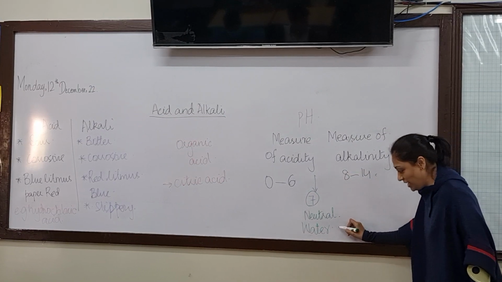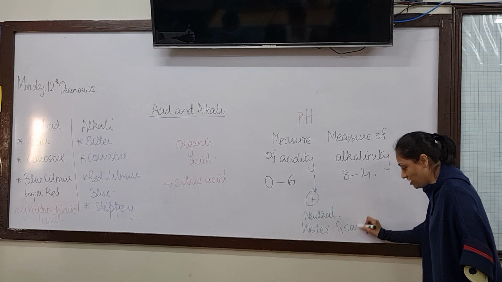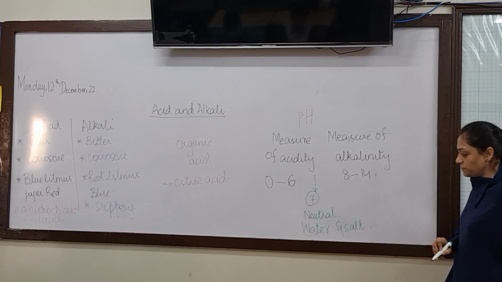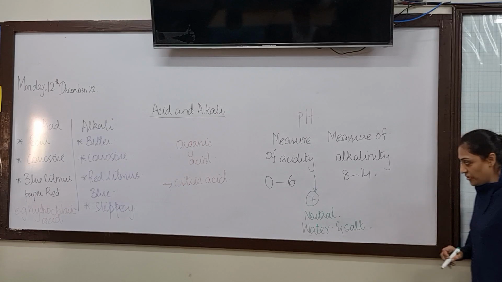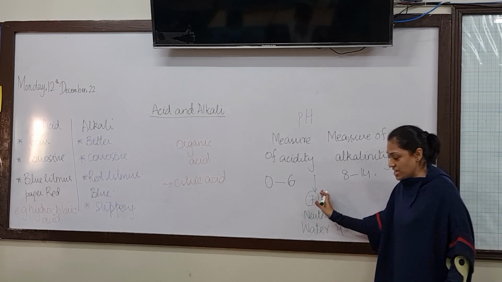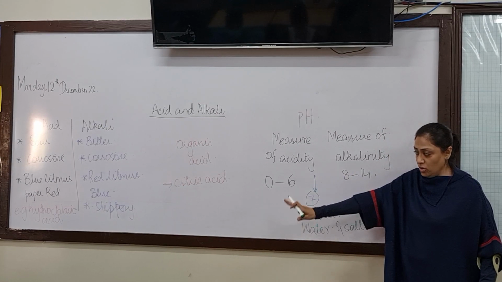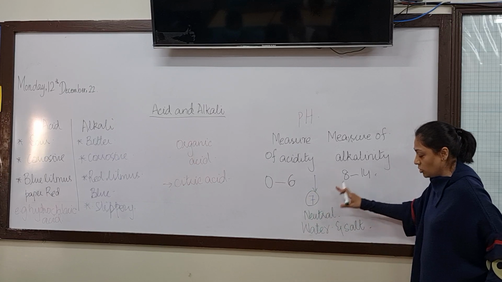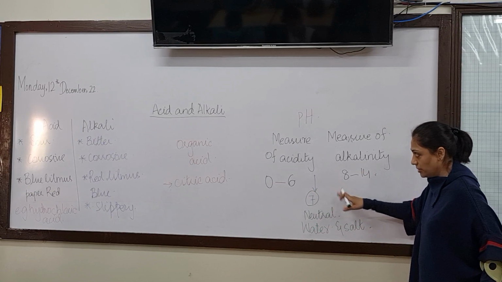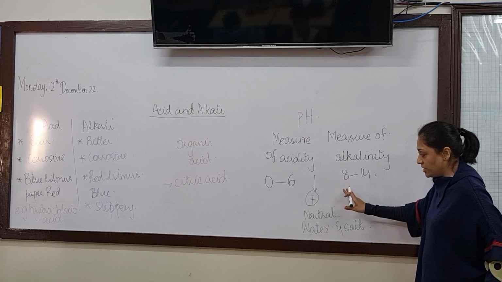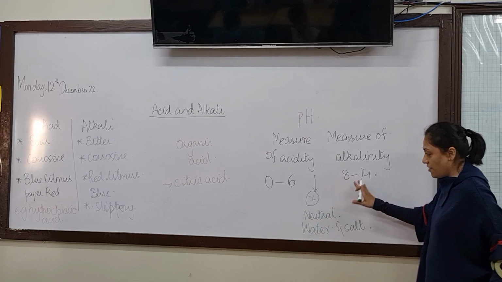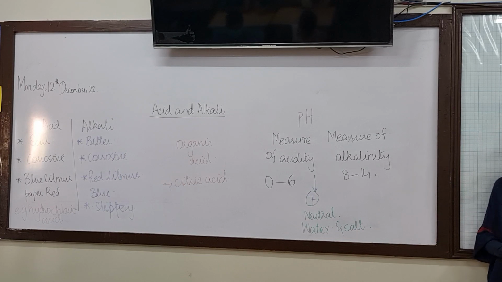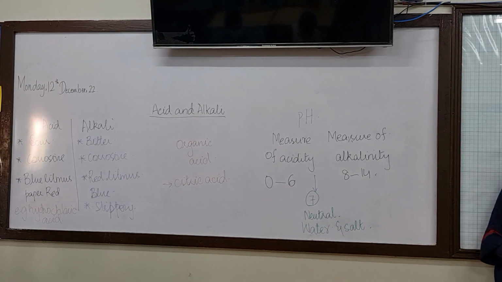So water and salt are the neutral substances. And the rest of all the substances, from 6 to 0, are considered acidic. And the substances or the chemicals or the liquids we are provided with, if they have a pH of 8 to 14, are considered alkaline.